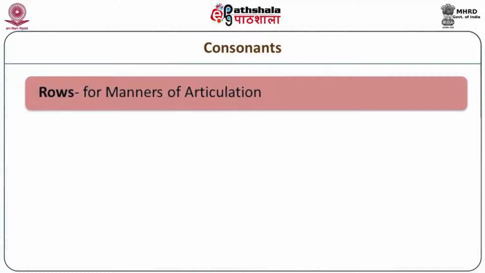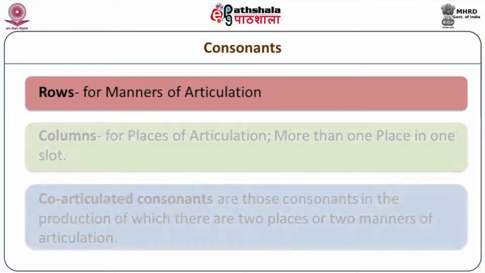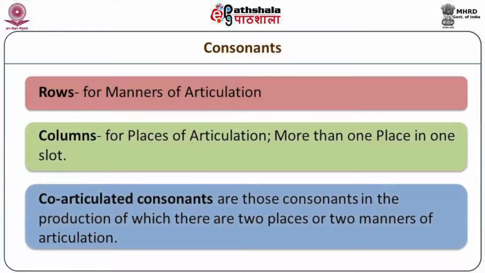Now the rows in the pulmonic consonant charts represent the manners of speech. So we have different manners of producing consonants, such as plosive, fricative, nasal, etc. And then we have columns on the chart. The columns stand for different places where the consonants are produced in the vocal tract.